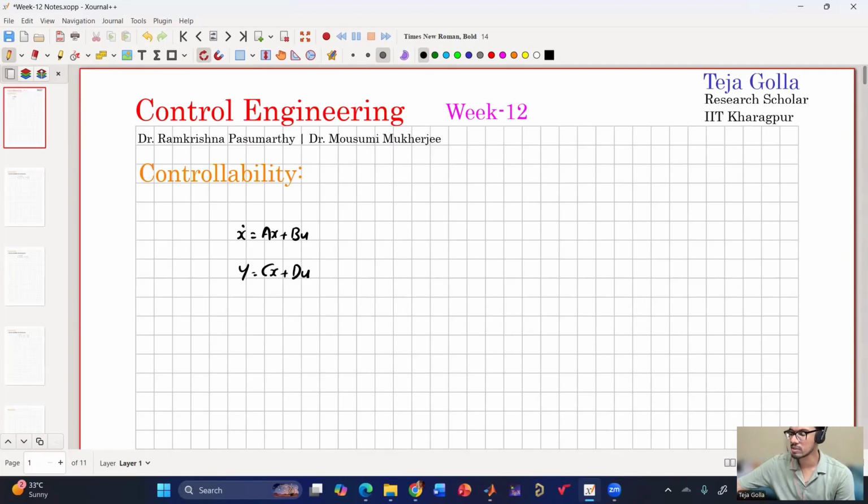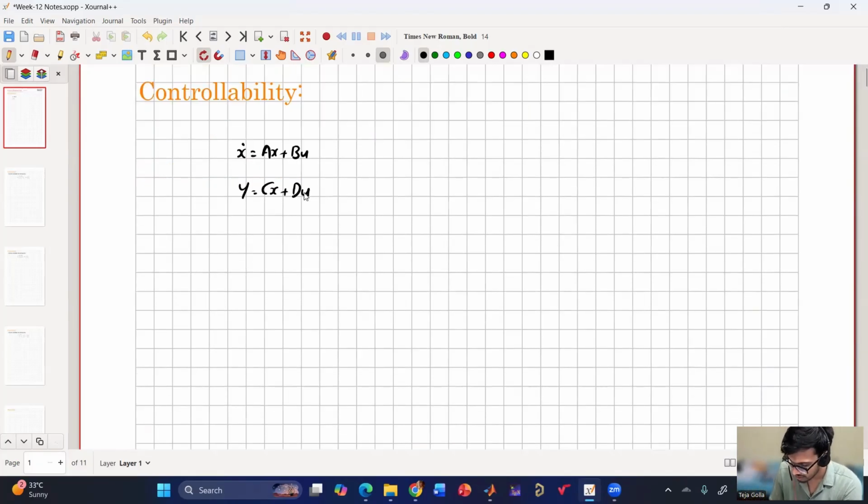So what is controllability? For this, let us say our system order is second order. It's a second order system, which means we have two variables, x1 and x2.